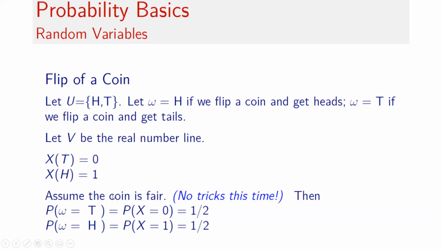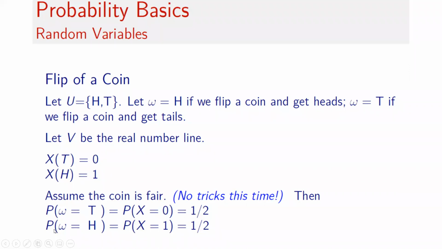So we are moving from the universe space, where we have T and H, to this vector space, where now we call T and H 0 and 1 respectively. We can say that the probability of omega equal to T is equal to the probability of capital X equal to 0, and that is 1/2.